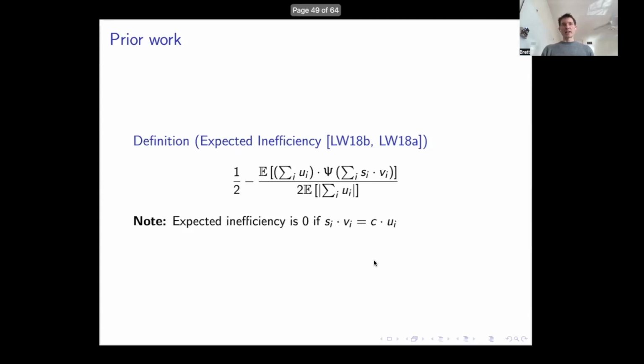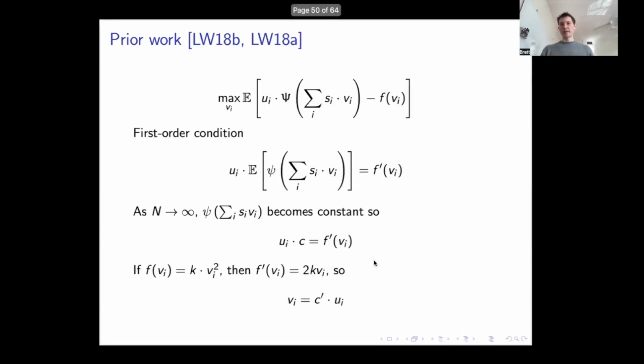And so the question is, how do you design a cost function to make them vote proportional to their utility? And this is where the square comes out. Each player is trying to maximize their returns minus their cost. If you take derivatives, the first order condition becomes that the derivative of the cost function is equal to the marginal utility you get.